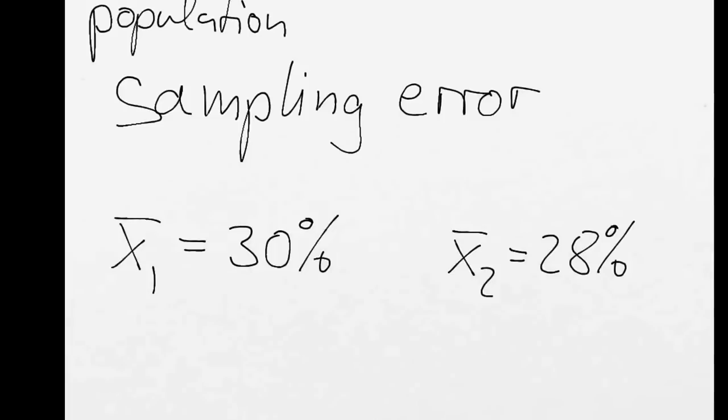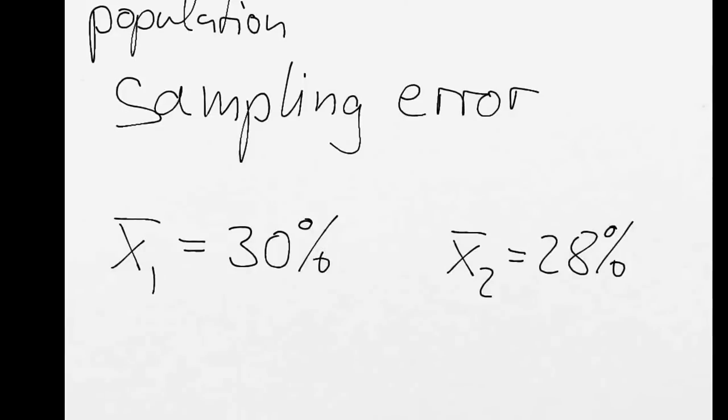So I can basically ask this question. Are the two means different? And is this difference caused only by the sampling error? Or are these two means different, which is caused by the sampling error and something else?